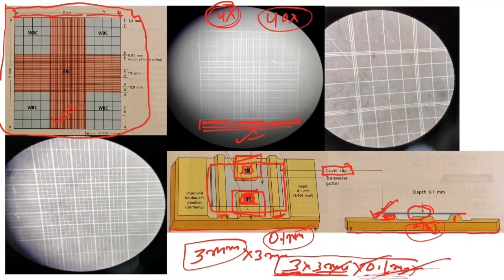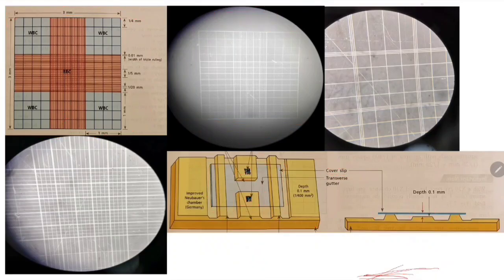You will learn about the microscope in detail, but simply I am explaining: 4x objective lens, and the eyepiece is 10x, most of the time fixed, so 4 into 10 is 40x. So total magnification will be 40x, and in 40x this area chamber will look like this.